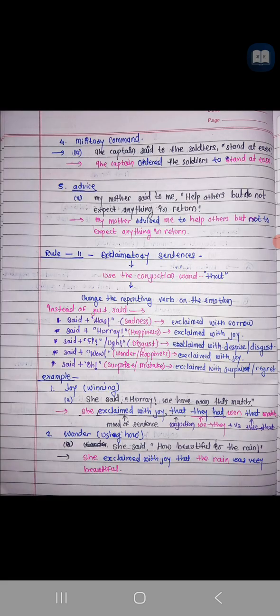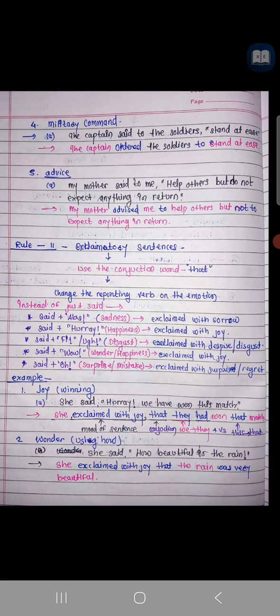Next, rule number 11: exclamatory sentence. Yes, we have seen the interrogative sentence and the affirmative sentence, and now we see the exclamatory sentence and the imperative sentence also. So use the conjunction "that". We have found three types of conjunction.